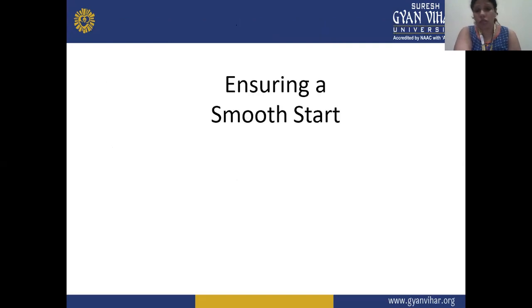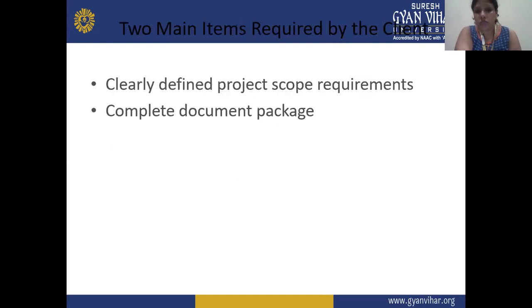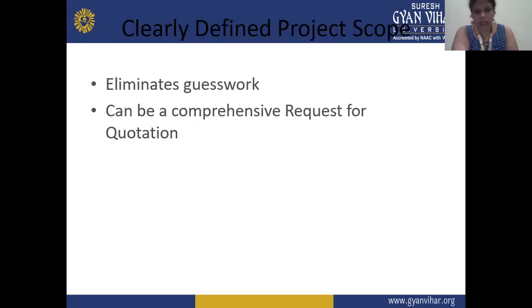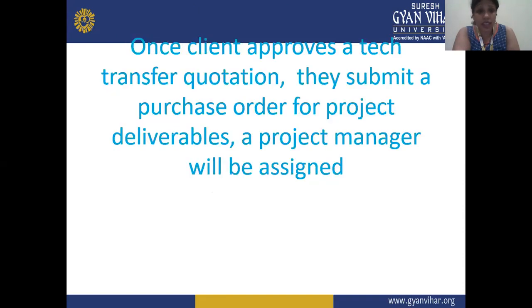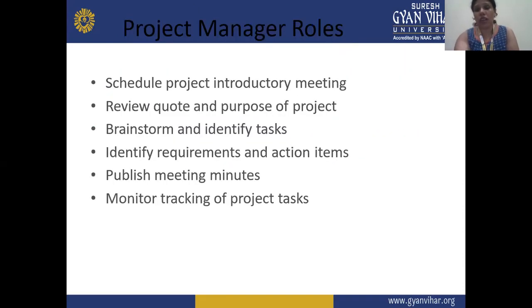Then we have also discussed how we can ensure the smooth start of the transfer. Two main items we have discussed, to transfer for the client: clearly defined project scope requirements and complete document packages. Then we have also discussed about the scope and complete technology transfer document package, why it is required. There should be a project manager assigned at the start, and roles and responsibilities should be provided to the manager.